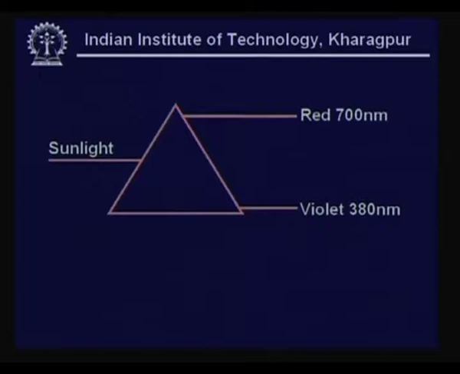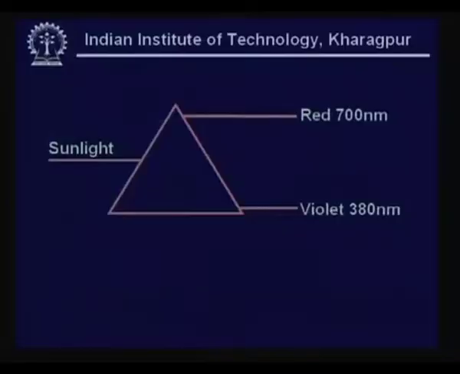On one extreme, one finds red light of 700 nanometer wavelength, and the other extreme is violet light of 380 nanometers. In fact, this is the spectrum one finds in a rainbow, and oftentimes children are taught this consists of VIBGYOR, meaning violet, indigo, blue, green, yellow, orange, red. In a subsequent lecture, we will look at more ways of quantifying these colors.